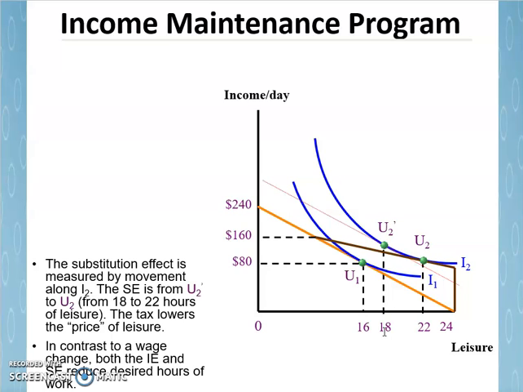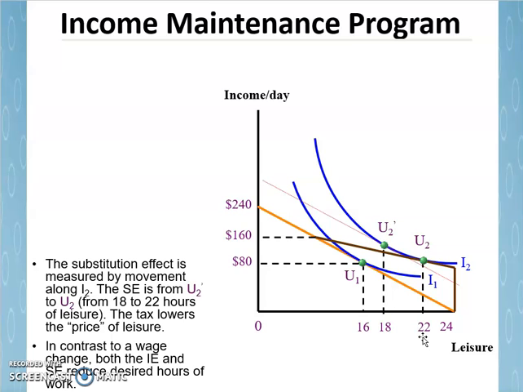The substitution effect, therefore, needs to be analyzed from the standpoint of a wage decrease. And that wage decrease causes them to see the opportunity cost of leisure as lower. Sitting on the couch costs them only $5 instead of $10, and therefore the substitution effect causes them to take more leisure.